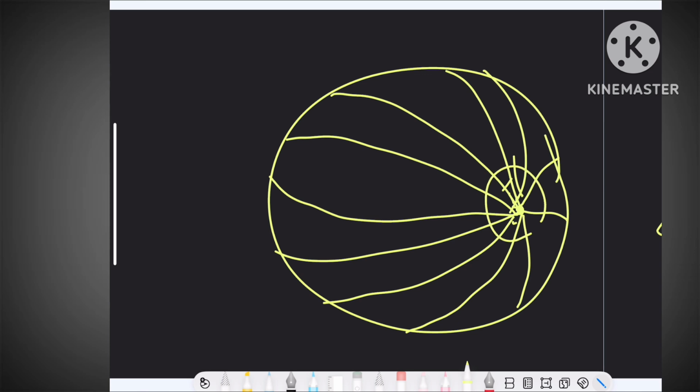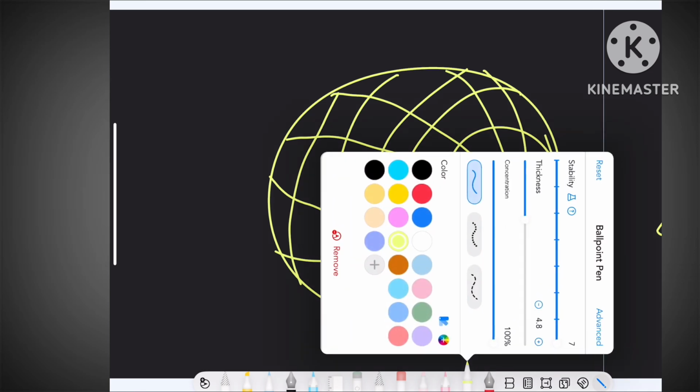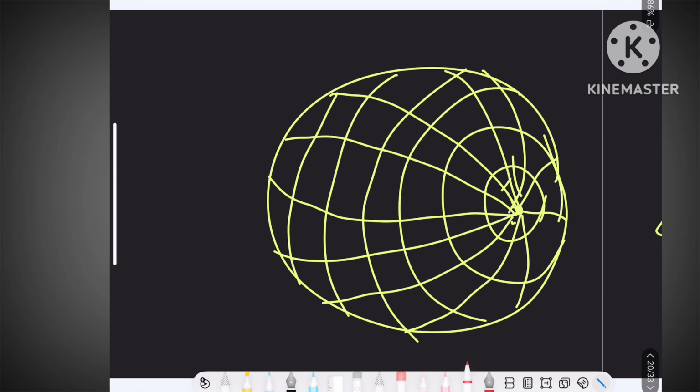So here an imaginary line goes from the center to here, and this line is called the prime meridian.